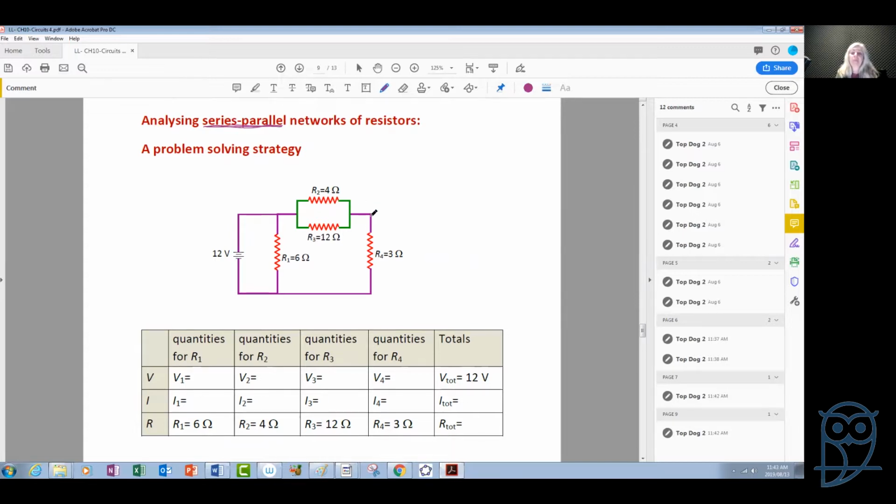And obviously, in such a circuit, we cannot solve it by just applying one equation, like Ohm's law, because it's complex. We need to simplify it. So analyzing a circuit means to know everything there is to know about any device of the circuit, in any branch, in any location of the circuit.